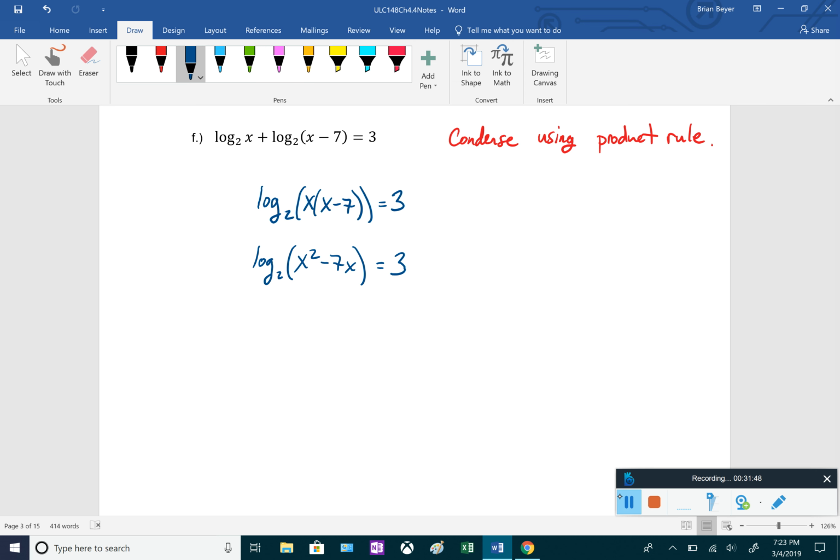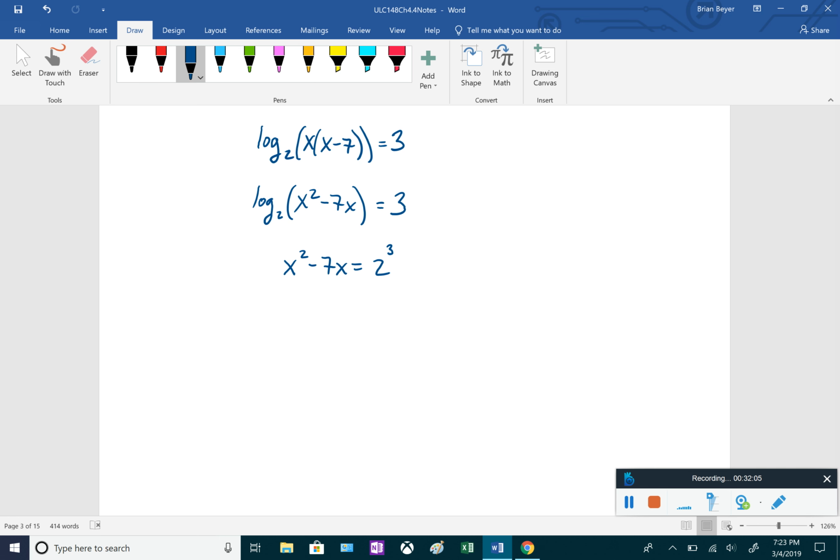So we have the logarithm isolated. Let's put this into exponential form. Base 2, so it's going to be x squared minus 7x equals 2 to the 3rd. And now this just turned into a quadratic, right? So it's x squared minus 7x equals 8. Quadratic, let's get everything on the same side.